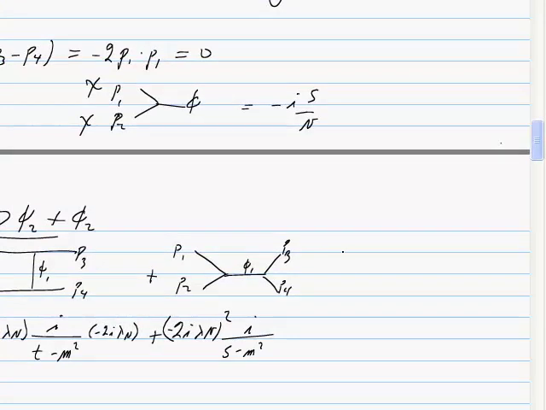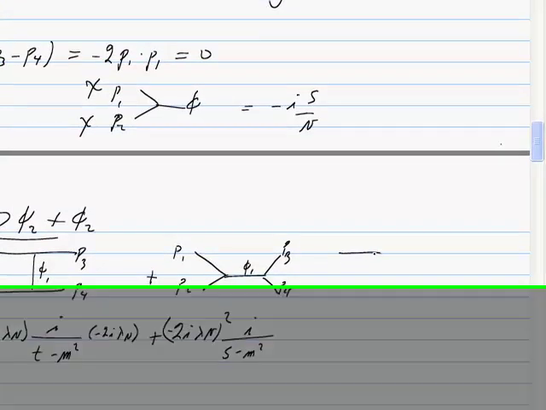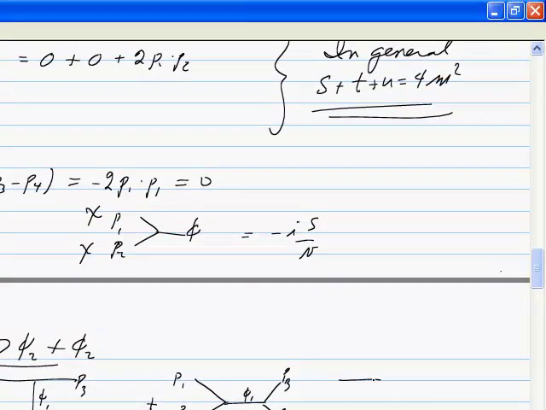And then there's one last diagram, which you would write like this, where P1 scatters into P4, and we do the exchange here again. P3 comes off of P2. So that's a distinct one.